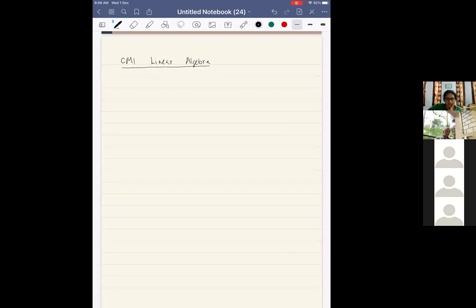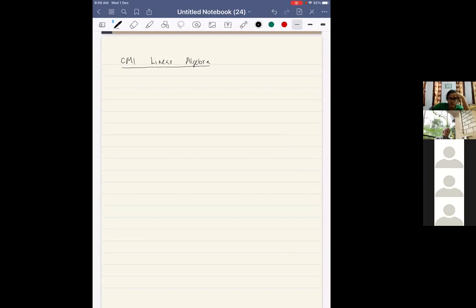So, today we are going to define the notion of the adjoint of a linear map acting on a vector space with an inner product.